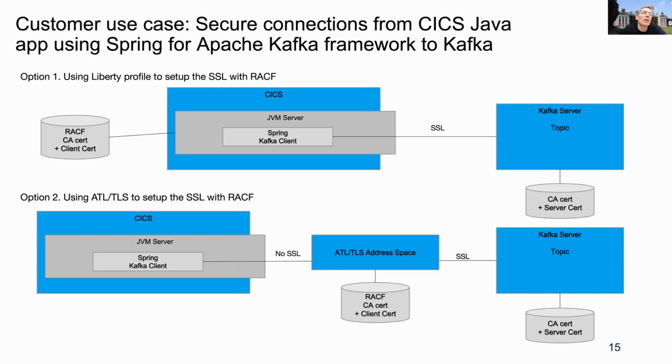So they configured the Liberty server XML with the appropriate connection types, set up the security certificates in RACF, and configured that with Liberty. And then similarly had those opposing certificates installed and configured in Kafka. And that's how they got that set up.